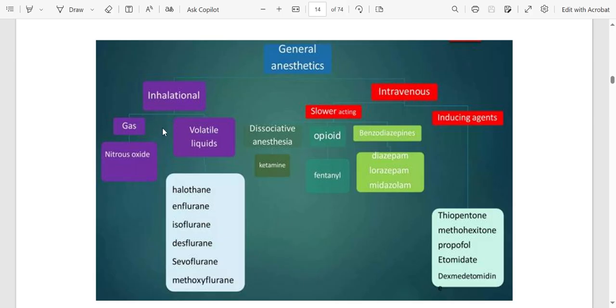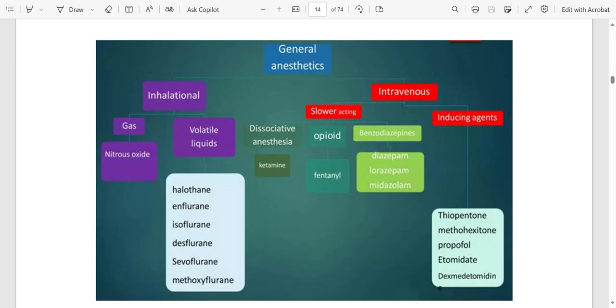So the inhalational ones, you have got the gases and the volatile liquids. Remember, this table came in our test. Please, you need to know examples of inhalational anesthetic gas agents. For the inhalational, the gas is nitrous oxide, and then for the liquids, volatile means something can easily convert to gas, for example the way spirit is.